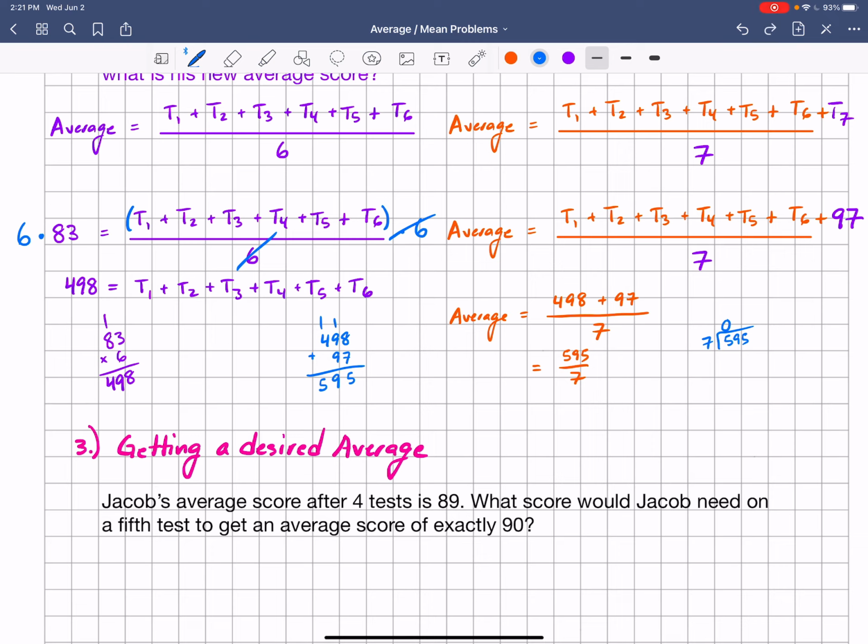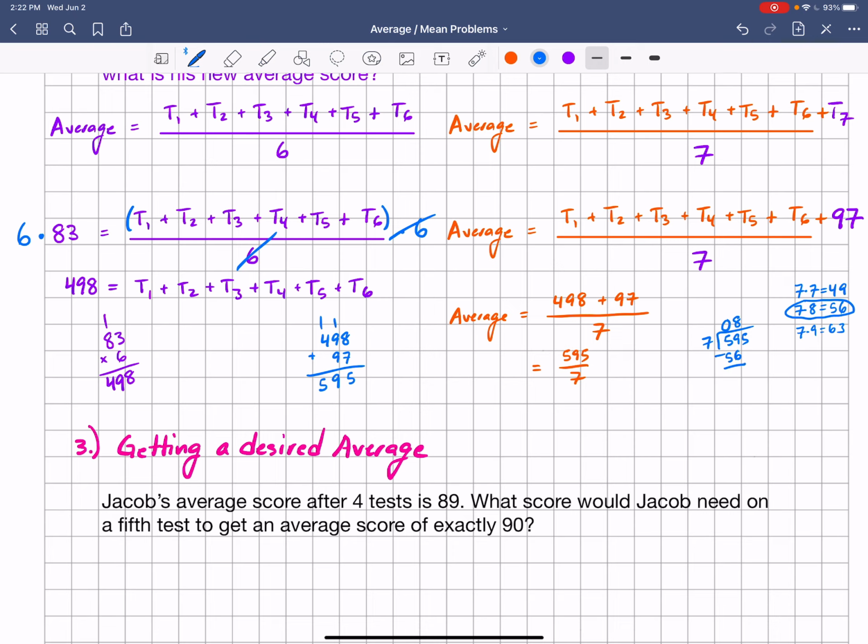So I know that 7 times 7 is 49. Well, then 7 times 8 is going to be 56. And if we were to go any further, 7 times 9 would be 63, and that's too big. So 7 goes into 59 8 times, and we get 56.